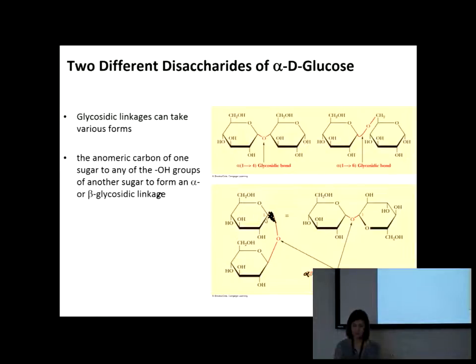So that's going to be alpha. Oh, wait a second. In my other one, the anomeric carbon's involved. Oh. So I have to say beta. You could do beta alpha, alpha beta. Doesn't matter. You pick one, right? You pick one. So then that one's beta.